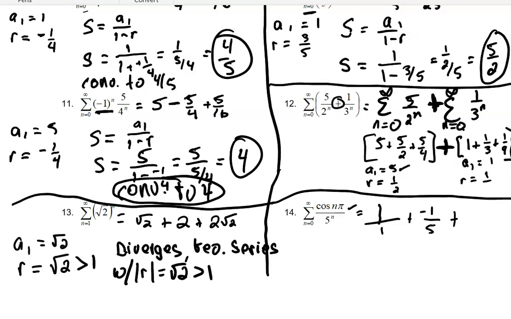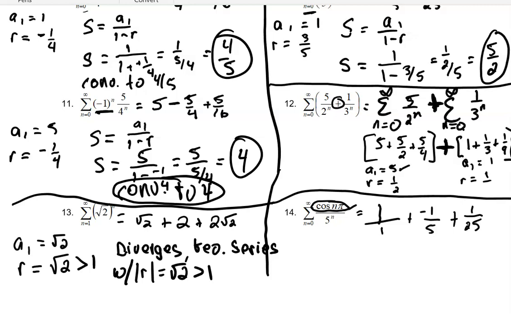If n is a 2, cosine of 2 pi is a positive 1, and then 5 squared would be 25. So this also gives us an alternating series, positive, negative, so on and so forth. So that's something you want to be aware of, just so we don't get tripped up by that anytime in the near future.